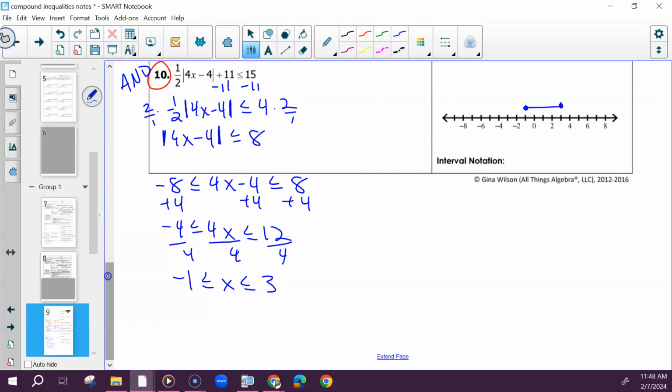How would we write that in interval notation? Brackets, negative 1 and 3, brackets.